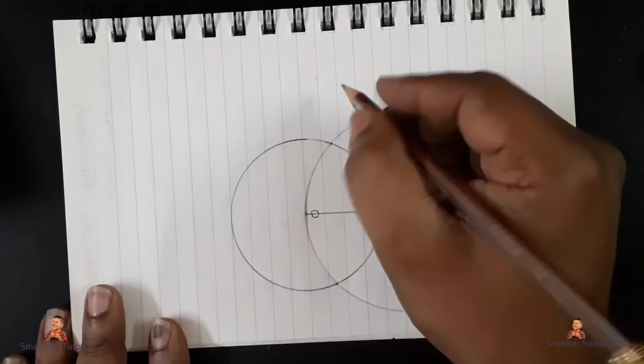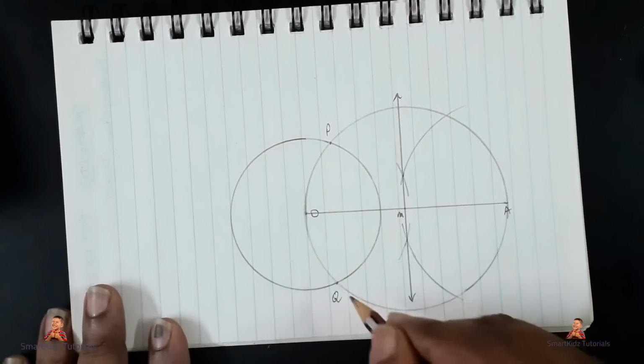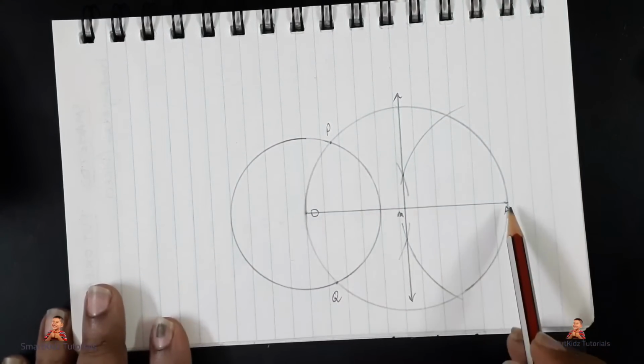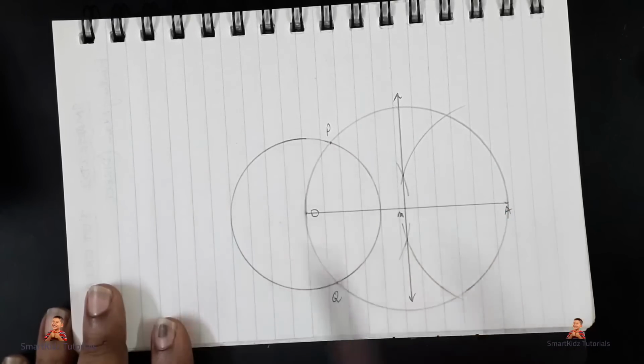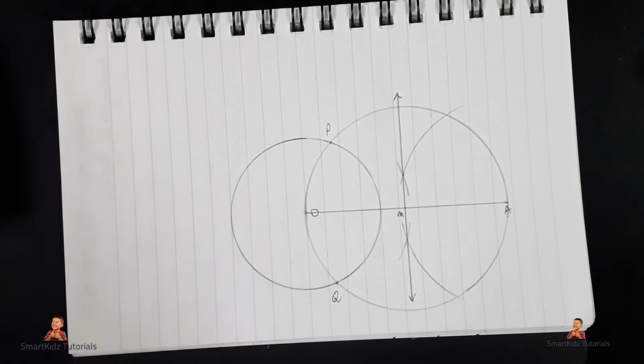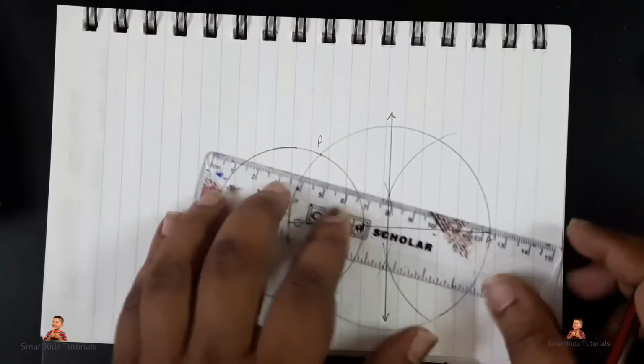So this will become P, this will become Q, and from point A we'll have to draw a line passing through this P, and from point A we'll have to draw a line passing through Q. Those will be our two tangents. So let's do them. First we'll draw AP.